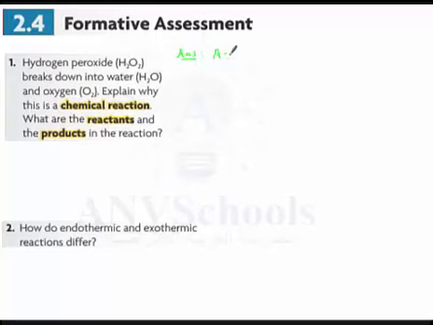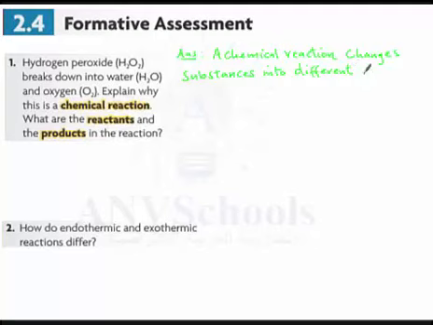A chemical reaction changes substances into different substances by breaking and forming chemical bonds.